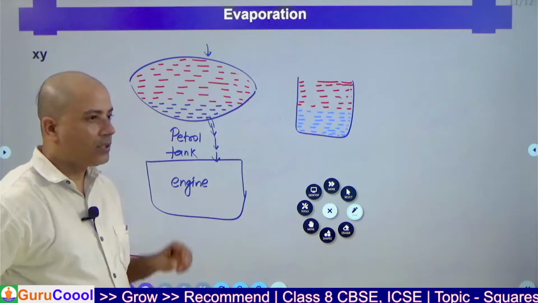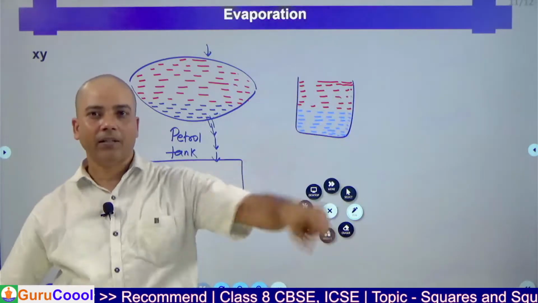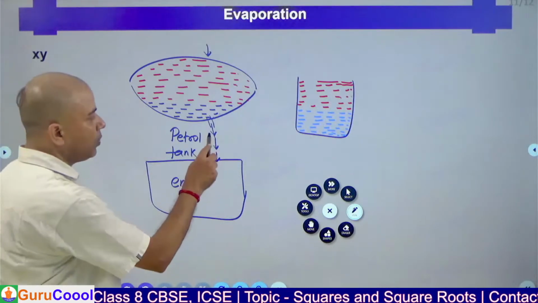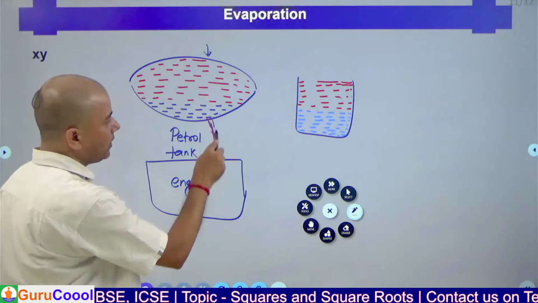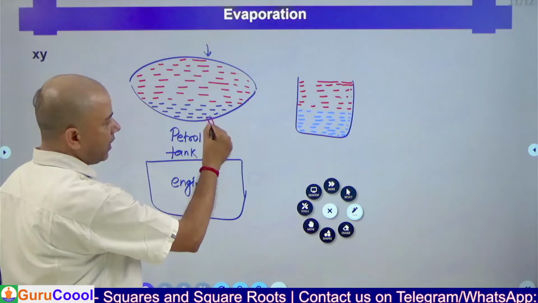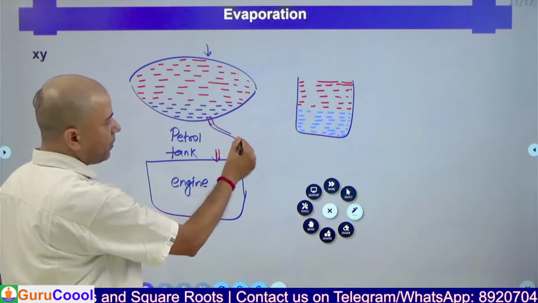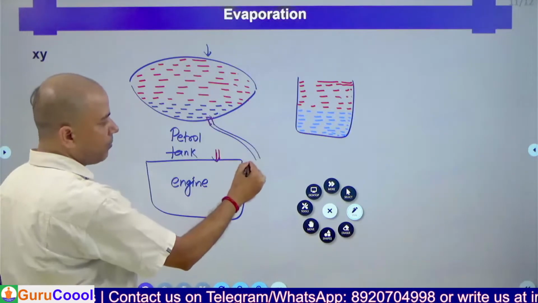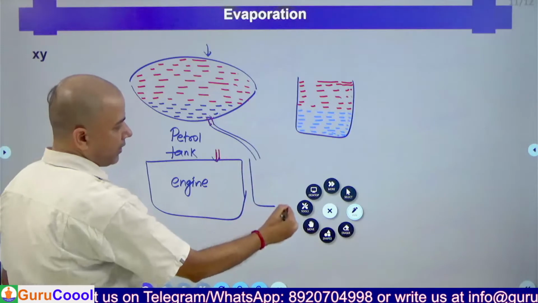So I just dragged my bike to the mechanic's shop. The mechanic removes the pipe that is connecting the tank to the engine, and with the help of a separate pipe, he collects all the mixture into a container.